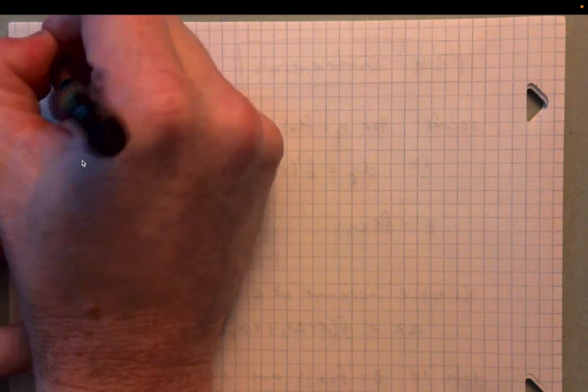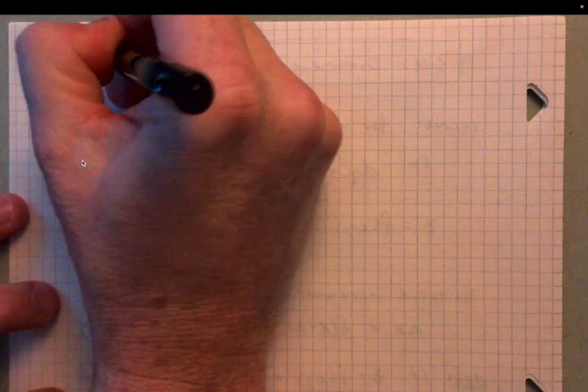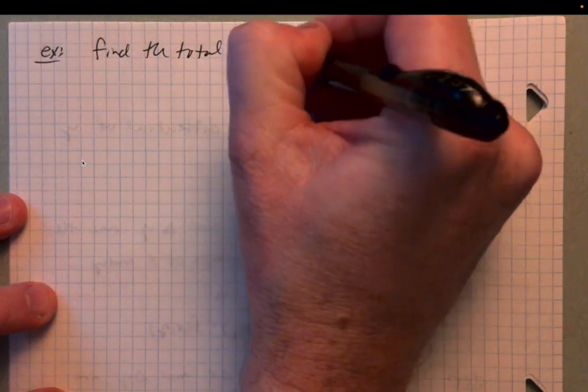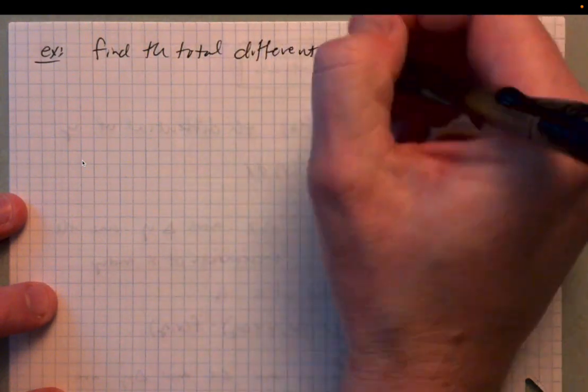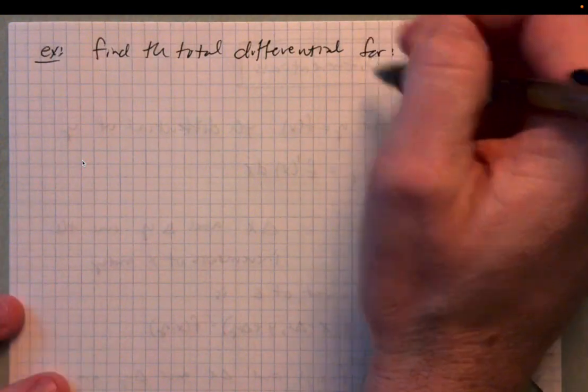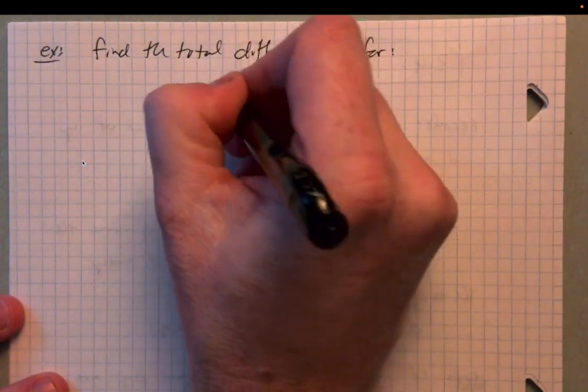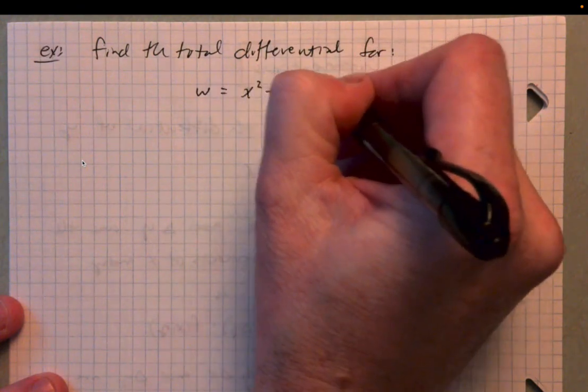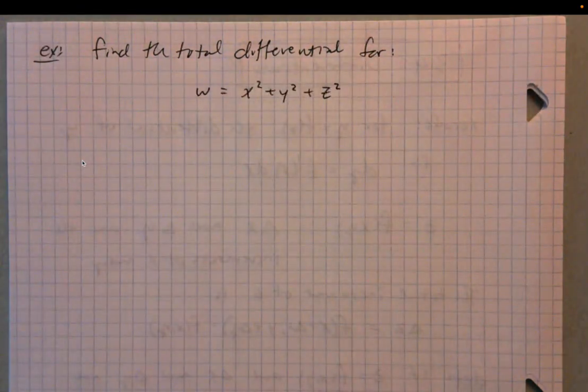Okay, so let's try another example. Find the total differential for w equals x squared plus y squared plus z squared. So here you've got w as a function of x, y, and z.